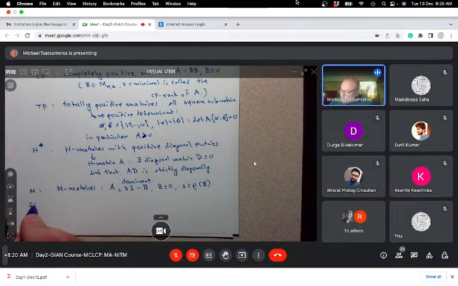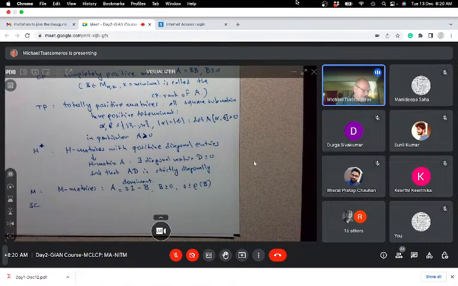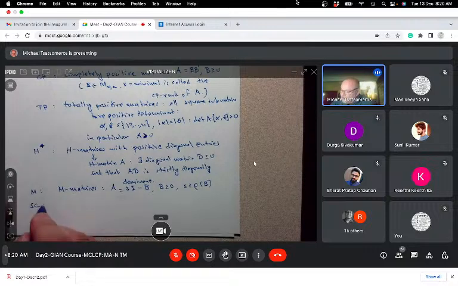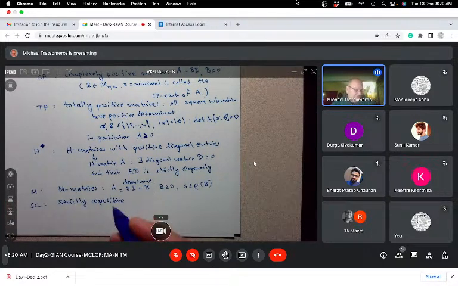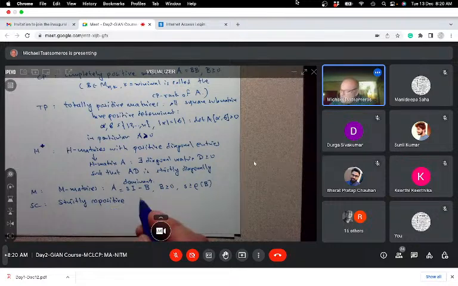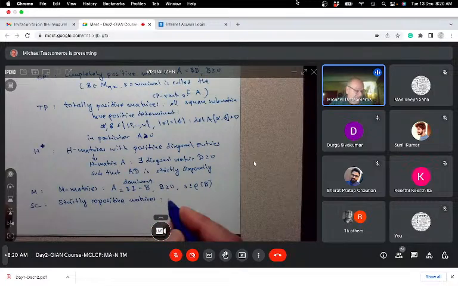I'm going to take the class SC now. These are the strictly copositive matrices. What are they? Well, they are matrices which are real, symmetric.